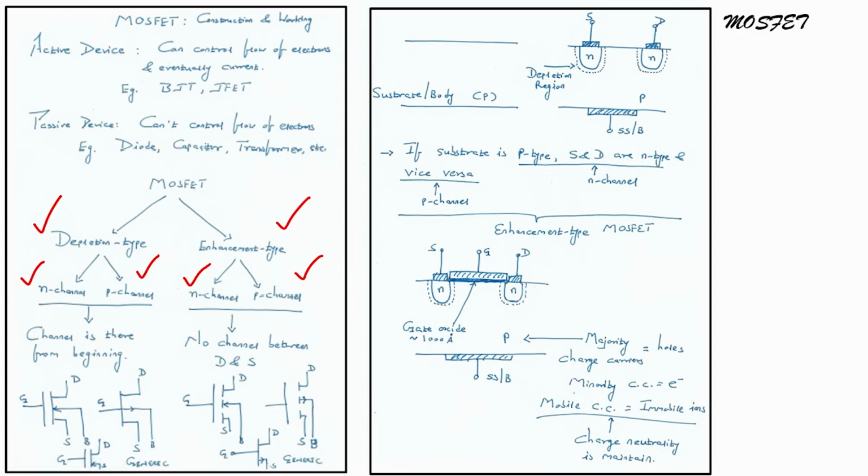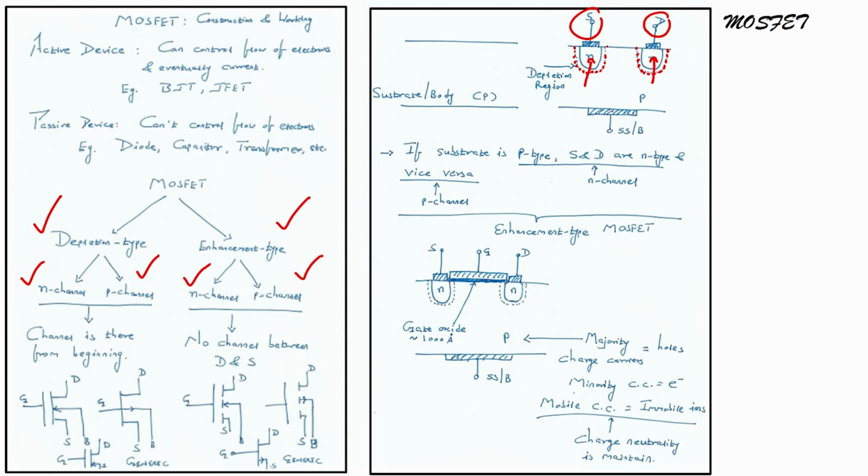Now, you see the substrate body is p type, and if I dope the n channel into the p type, then this becomes my source and drain. Because there is a p and there is an n, there will be creation of a depletion region, as we can see from the schematic on the slide.